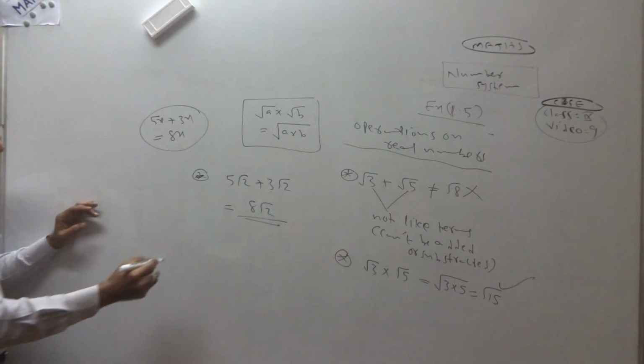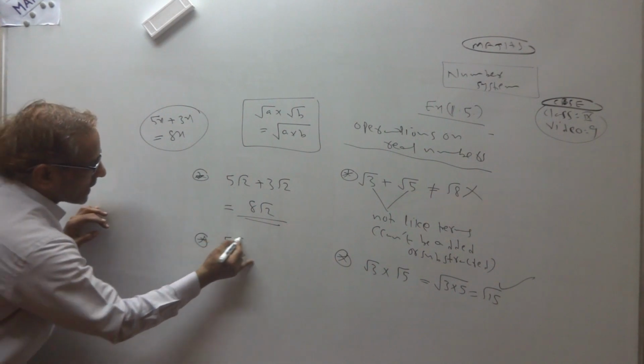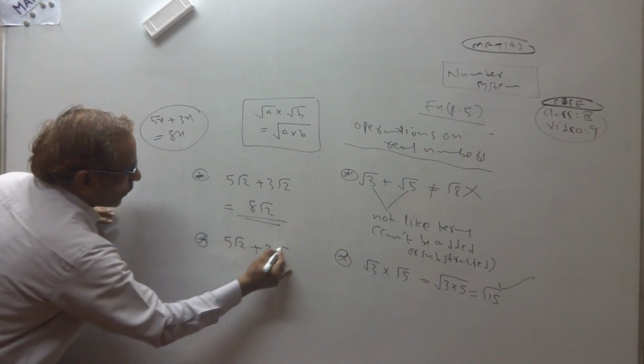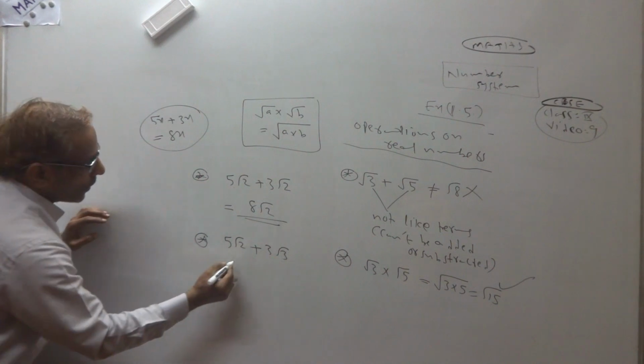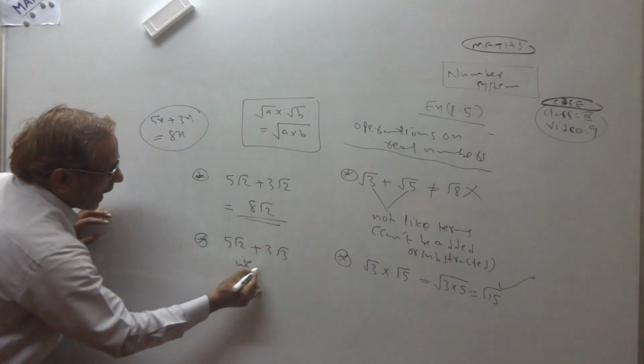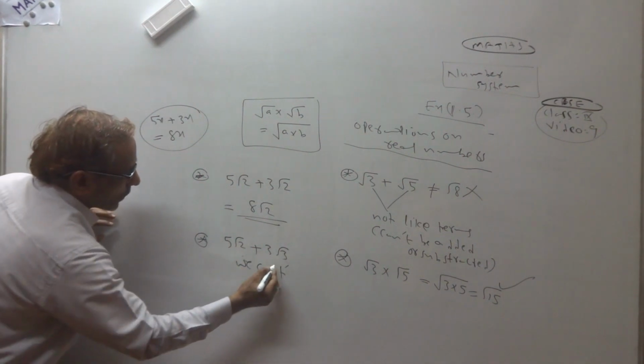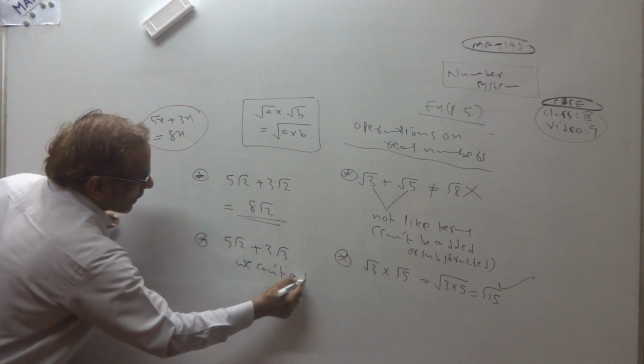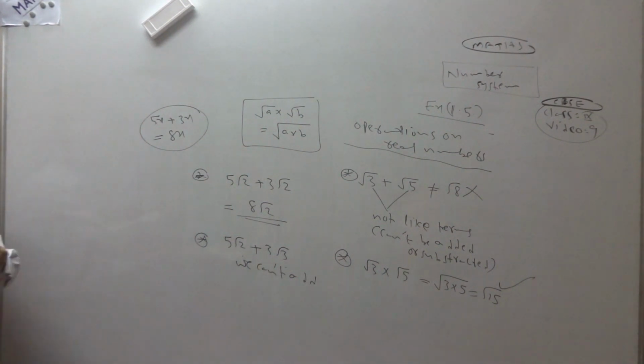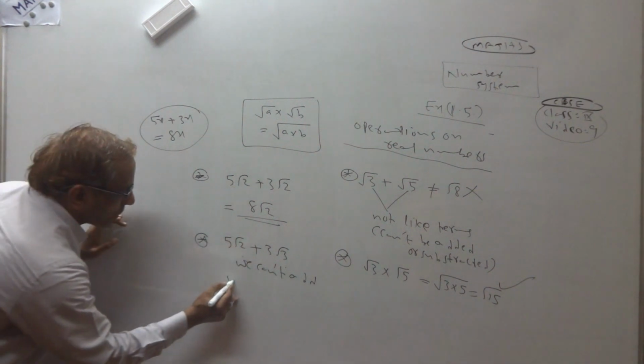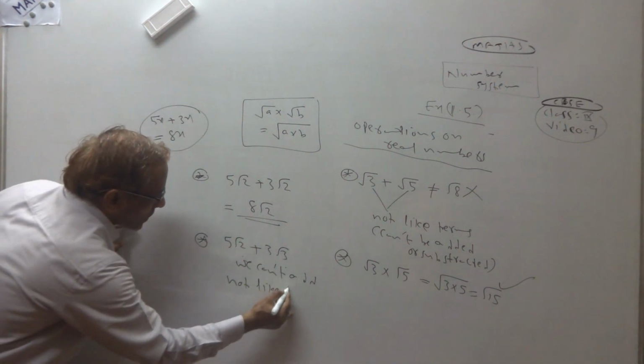But if it is 5 root 2 plus 3 root 3, can you add them? No, we can't add. Do you understand the reason? Because these are not like terms.